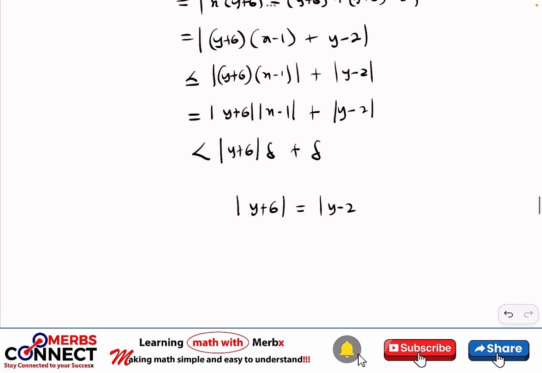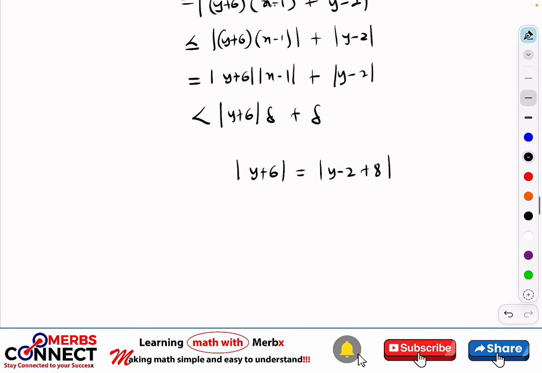But the question is, what should I add to minus 2 so that I get 6 back? That's 8, so plus 8. Then I will use the triangle inequality again to have absolute of y minus 2 plus absolute of 8, which is still 8. And now, this is less than delta, so this will be strictly less than delta plus 8.